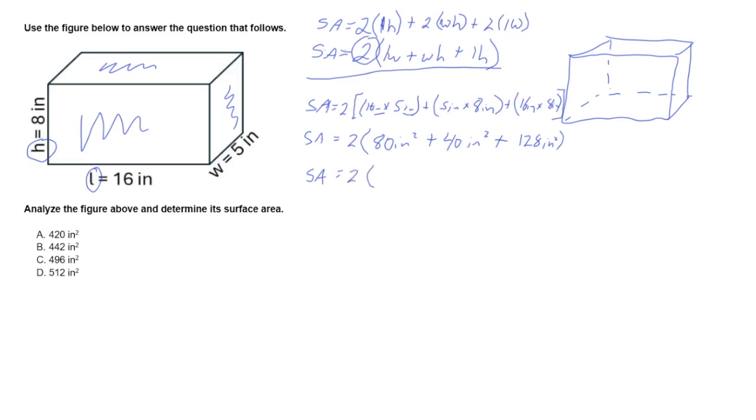If we do all of our addition steps, we'll get 2 times 248 inches squared. So our surface area, 2 times 248 is 496 inches squared. So that's our answer. C, 496 inches squared. Great job.